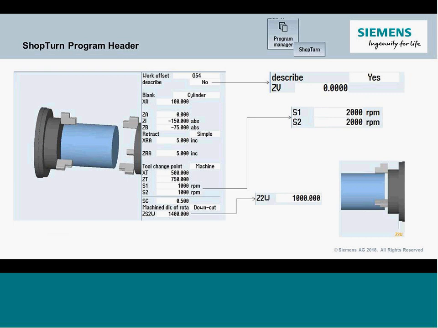We're going to start our program, and the first thing we're going to build is our header page. In the B-axis technology world, there's really nothing new or unique to the B-axis per se when it comes to the header page. This all mimics dealing with a machine that has a main spindle and a sub-spindle.